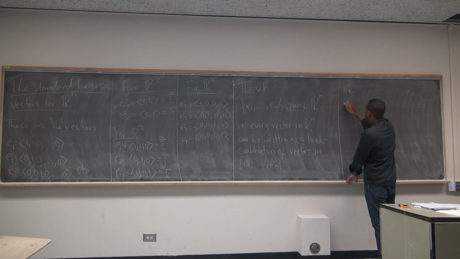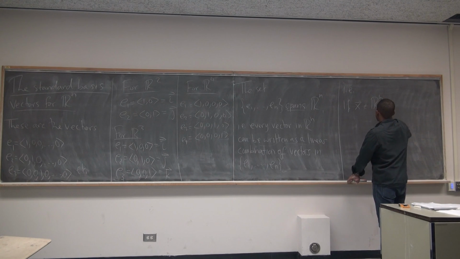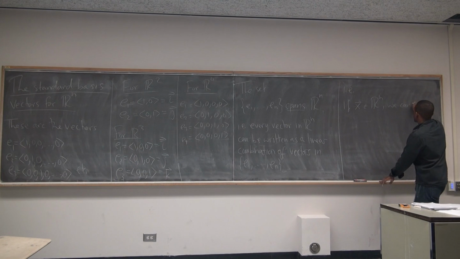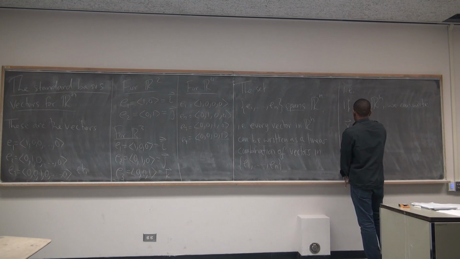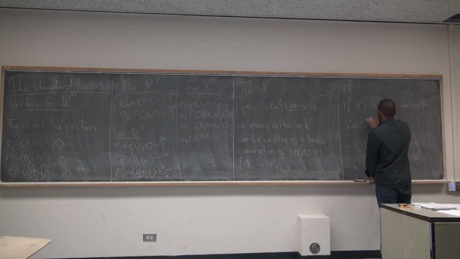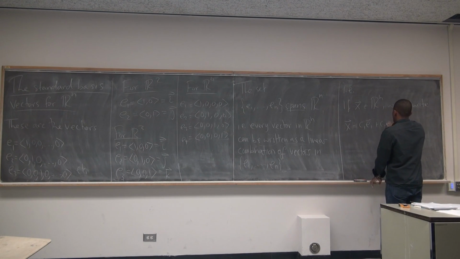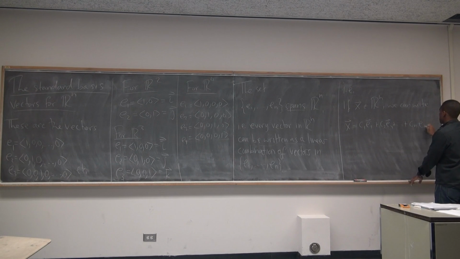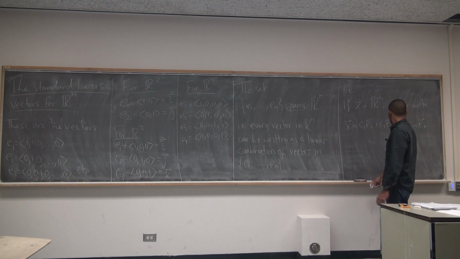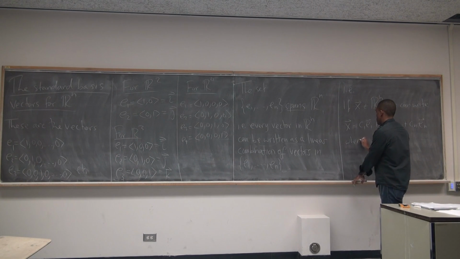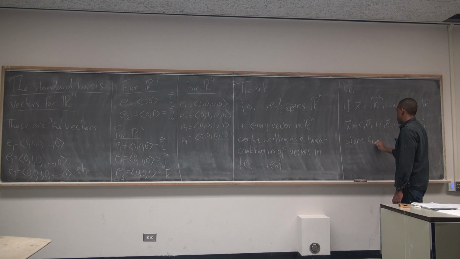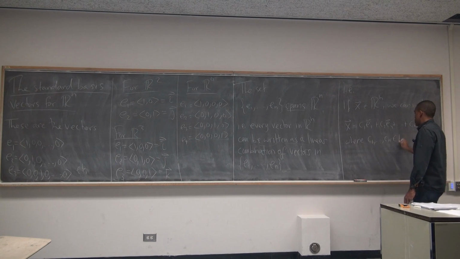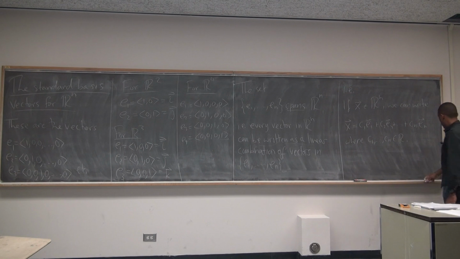I.e. if x is an element of Rn, we can write x equals c1 times e1 plus c2 times e2 plus ... plus cn times en, where the c's are real numbers.